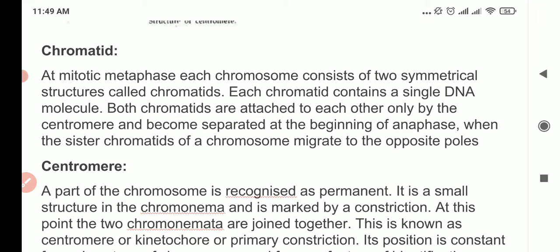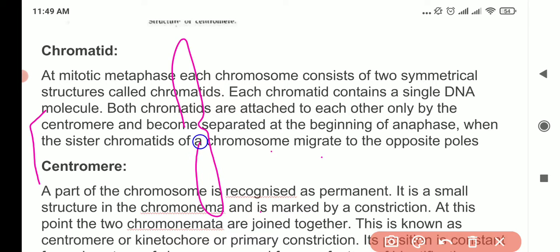So this one is one chromatid, this one is another chromatid, and they align together from here, centromere to centromere. These two align together, the homologous chromosomes.